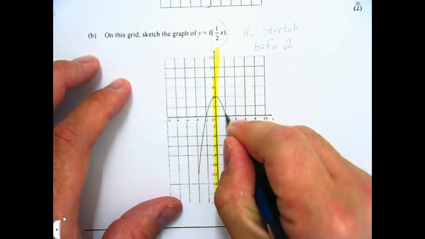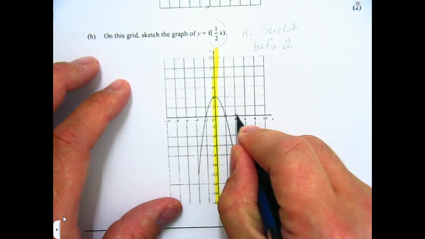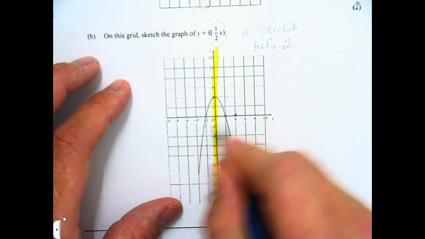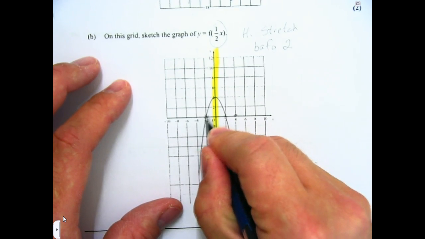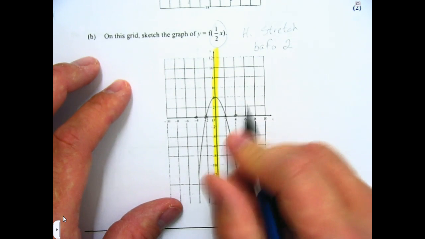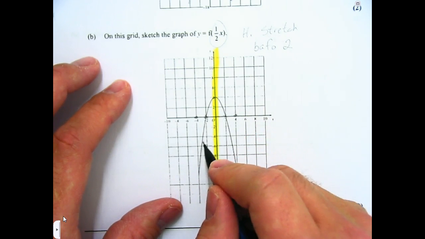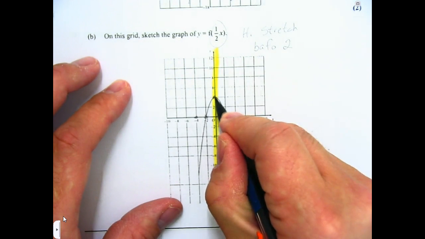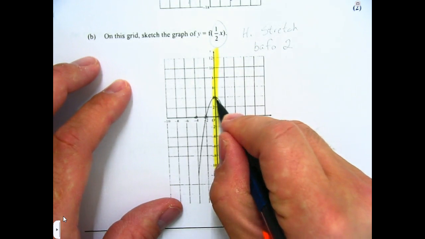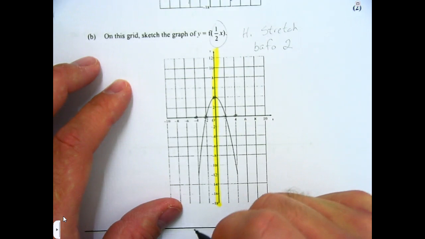This point is going out by a factor of 2. It's now here. This point is going out by a factor of 2. It's now here. So a point that was 2 units away is now 4 units away. This point that's actually on the y-axis stays on the y-axis.